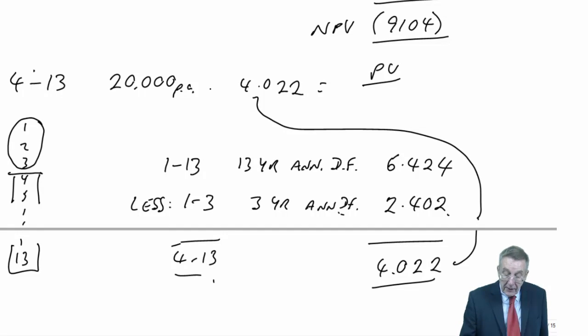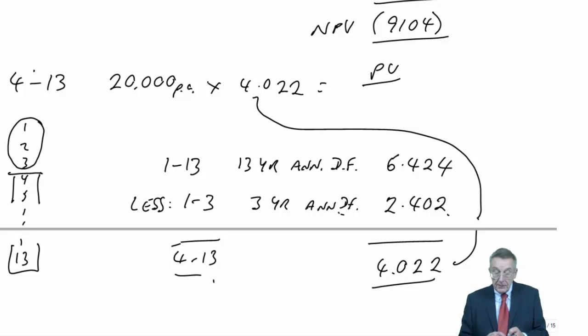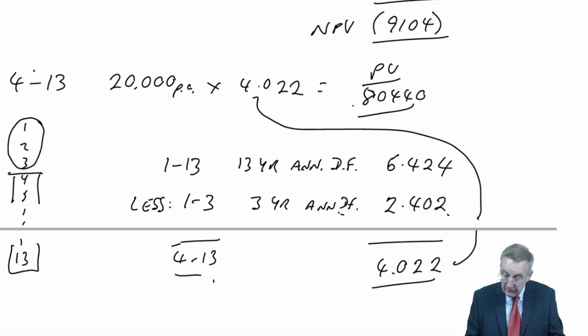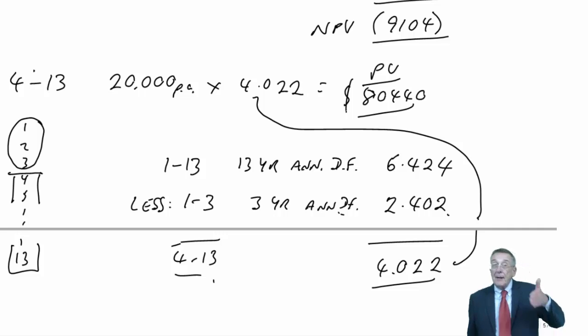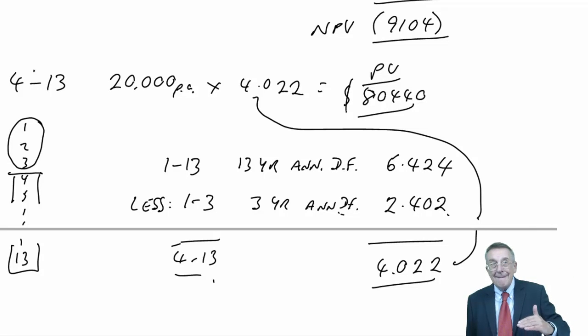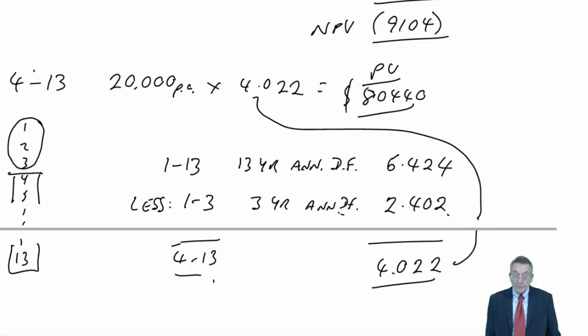And now the present value is easy. 20,000 times 4.022 is 80,440. So just be careful there. Remember, annuity factors are only relevant when it is an equal amount each year. But be careful when it's things like 4 to 13.